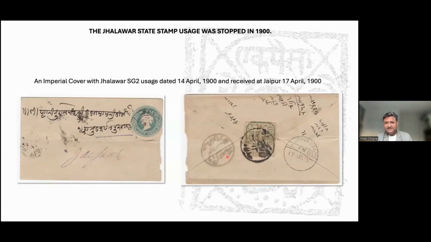And then, as I mentioned, the mail was stopped in 1900. So this cover is probably one of the last mails which used it, because you can see that both the departure as well as the acceptance is dated 14th April 1900 and received at Jaipur on 17th April 1900.